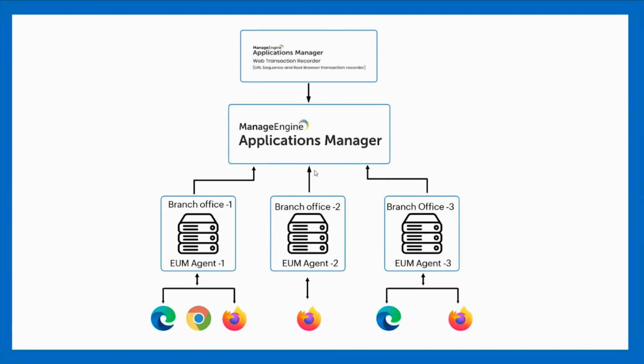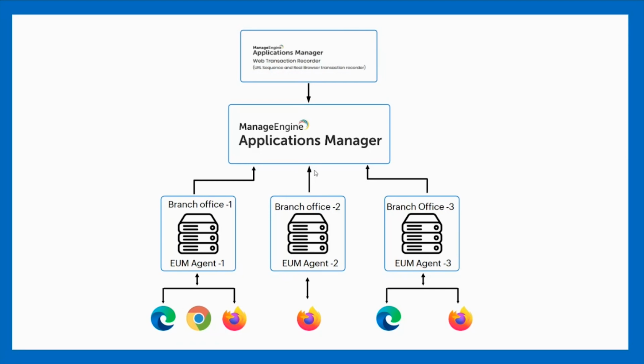All the employees need to register for the event, which means employees from all your branch offices should be able to do so without any hassle. To test this critical workflow of filling the form and successfully registering for the event, you can use Applications Manager's real browser monitoring. For that, you'll first need to install EUM agents in all your branch offices.